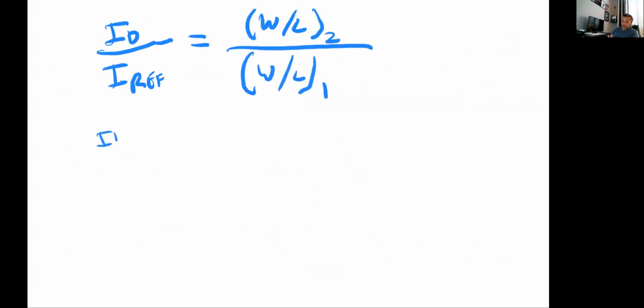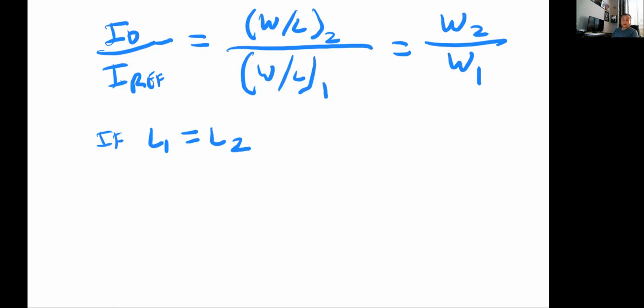And as it usually would be, if L1 is equal to L2, then I have the ratio of the current as a ratio of the widths of the transistors.